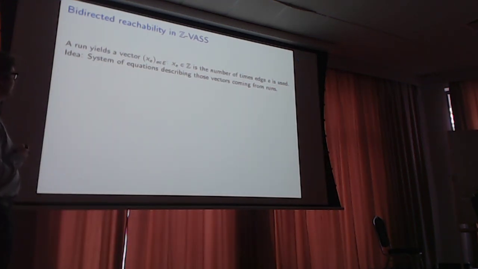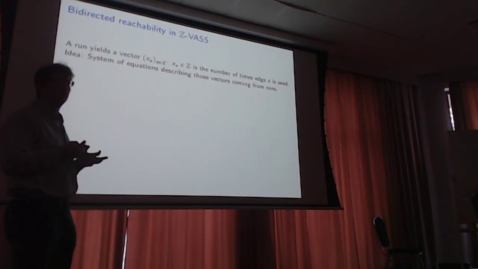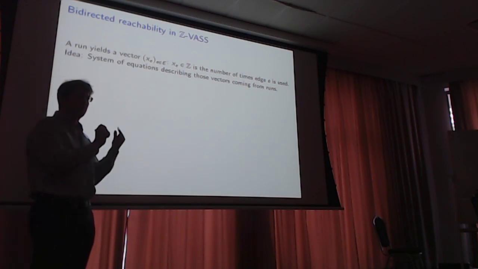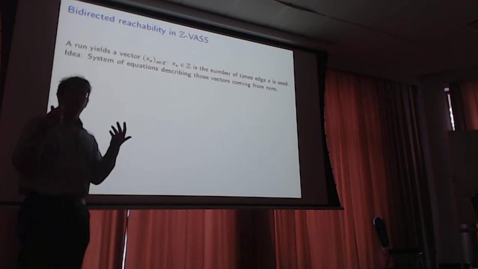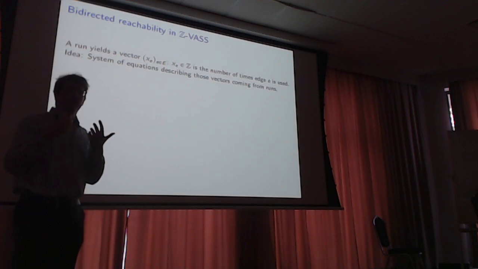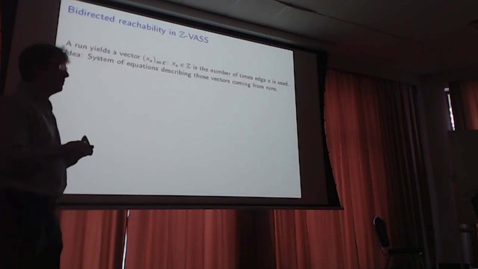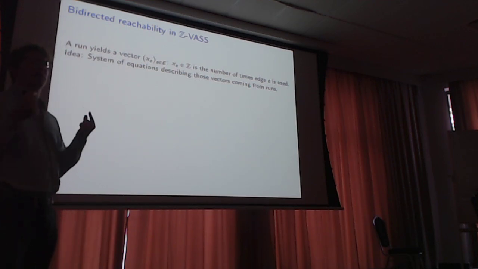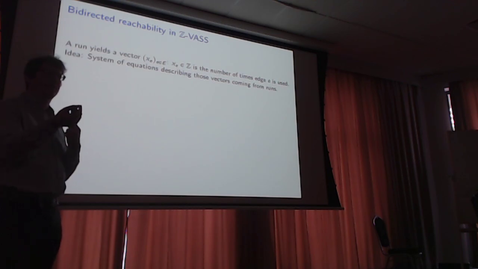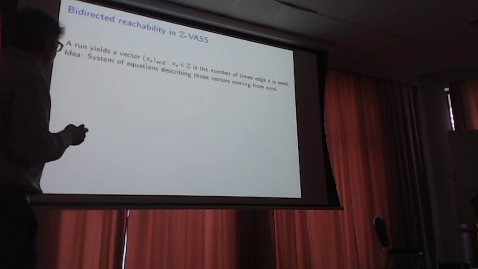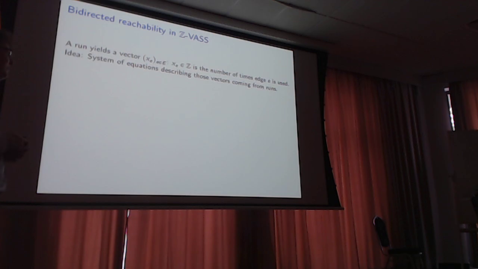The idea is, it's kind of a dual approach. The approach before constructs a generating set of all the possible elements that you can reach. Here, we're directly constructing a set of equations that describe when something is reachable. So instead of generators, we have equations.